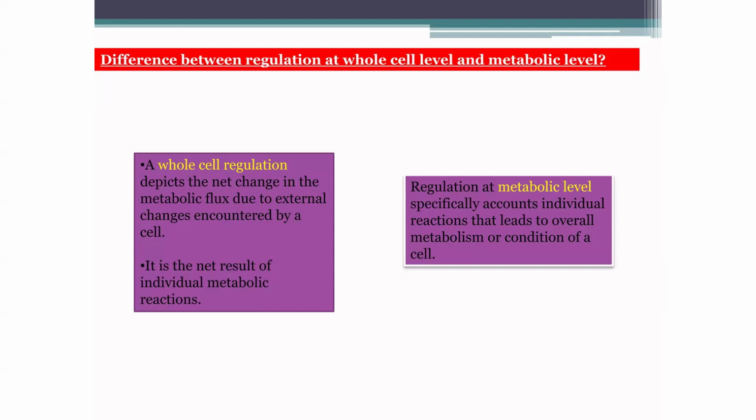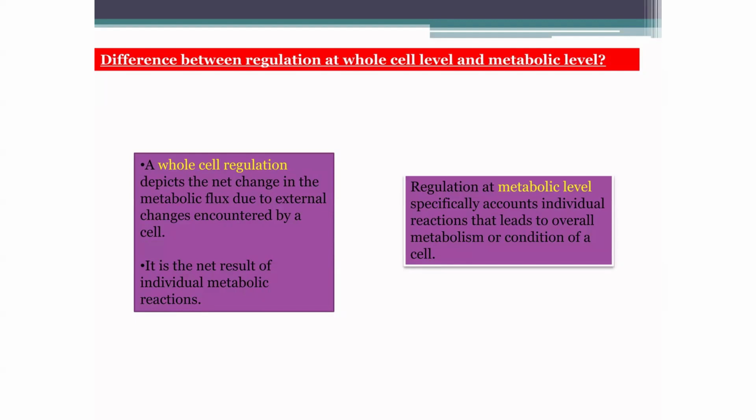And that is where there is a good control, or there will be a standard control of a whole cell regulation. Because if the individual metabolic reactions are normal, it means that the whole cell should also be normal.